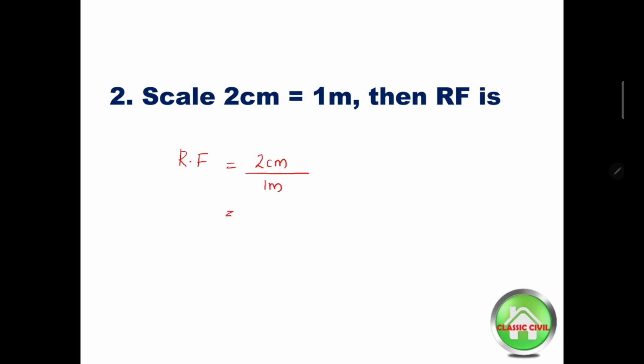Then convert it into the same units. 2 centimeter divided by 1 into 100 centimeter, then 2 by 100, which is 1 divided by 50. That is RF is equal to 1 by 50 or 1:50.